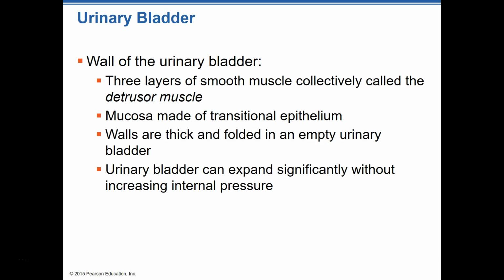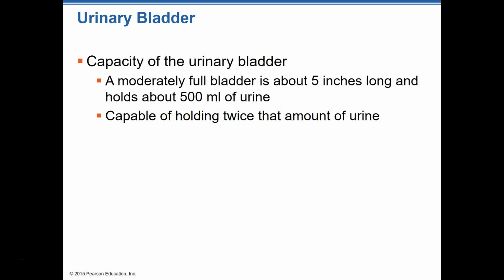So this thing can thin out to very, very thin, but still remain very strong and not be creating pressure inside of the bladder just by stretching out. So it's a pretty amazing ability that the bladder has. A moderate full bladder is about 5 inches long, holds about 500 mils of urine, but it's capable of holding about twice that amount.